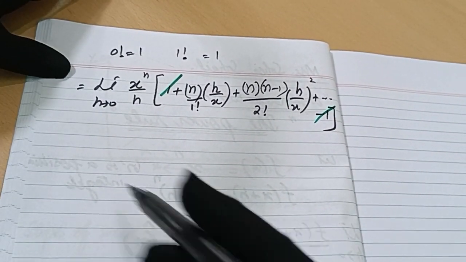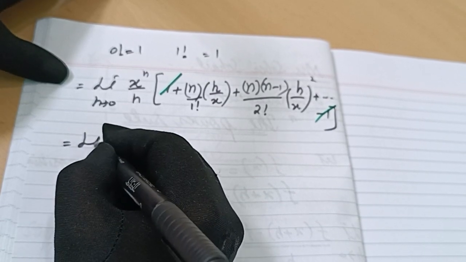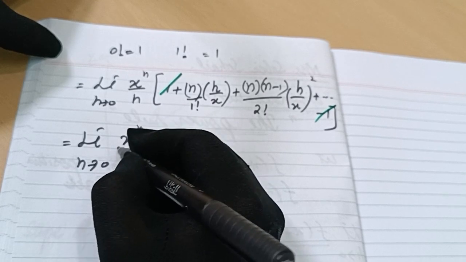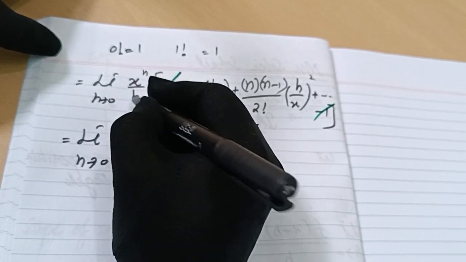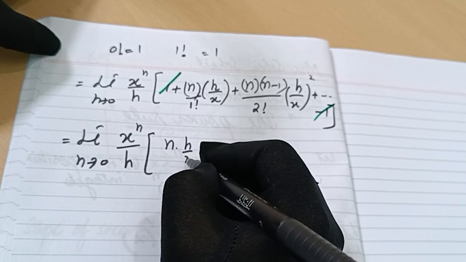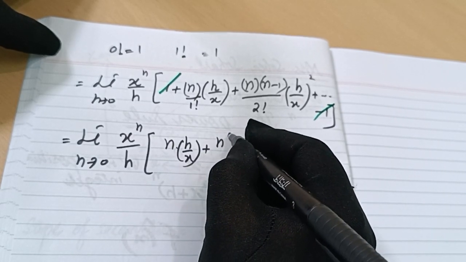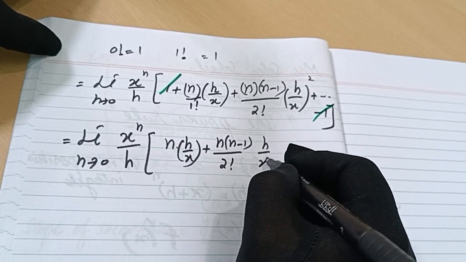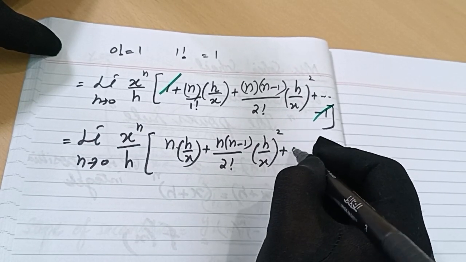The terms left over, we can write in the form limit h approaches to 0, x power n over h, times n over x plus n into n minus 1 over 2 factorial h over x whole square, plus so on.